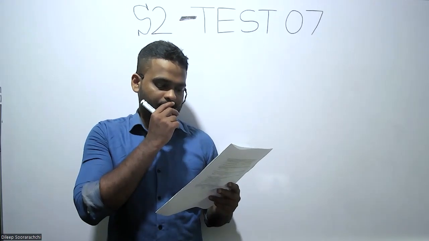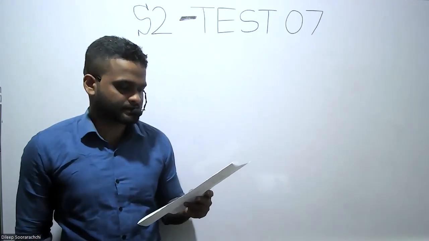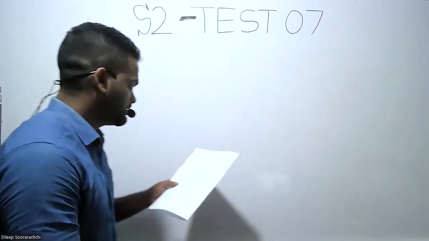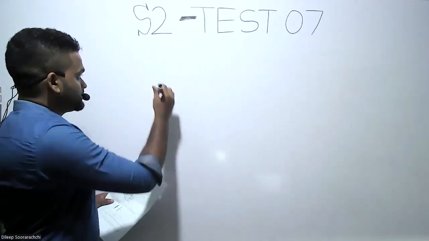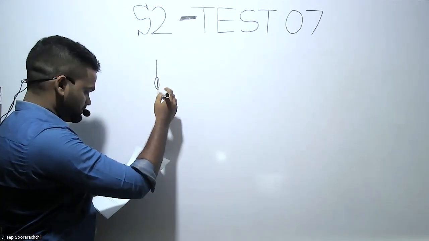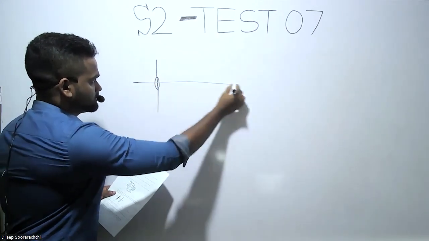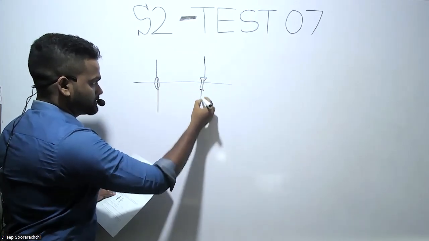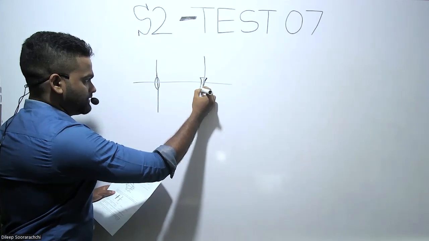Seventh question. Two rays coming from point O, which is at a distance of 1 meter from a converging lens with focal length 50 centimeters. This is the convex lens, the converging lens, and we have this diverging lens.